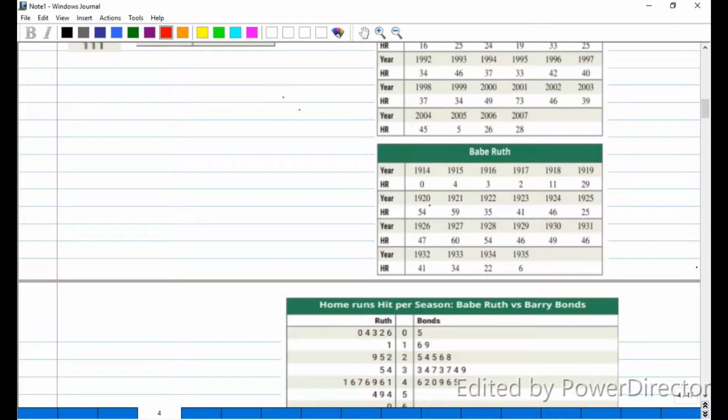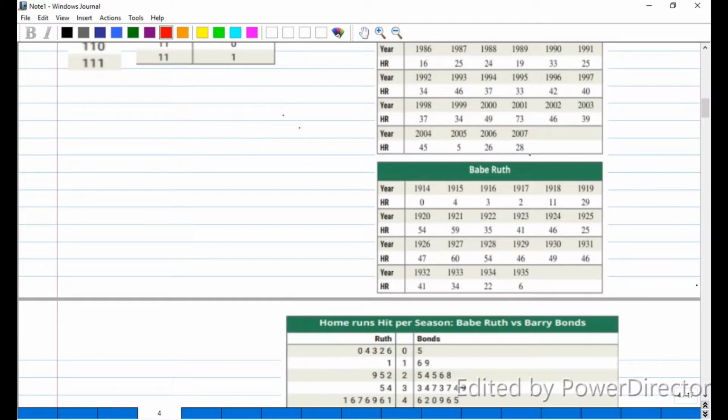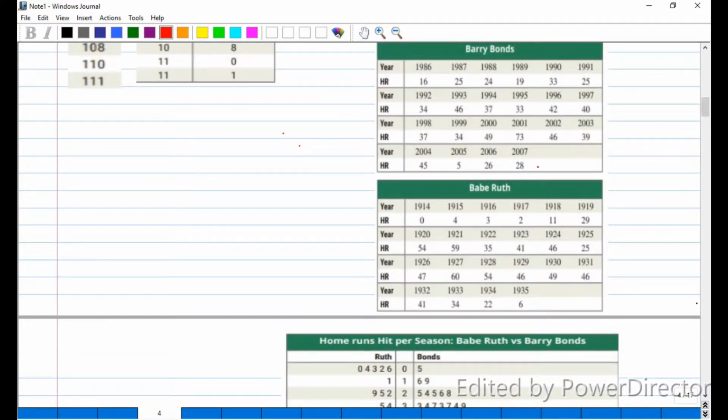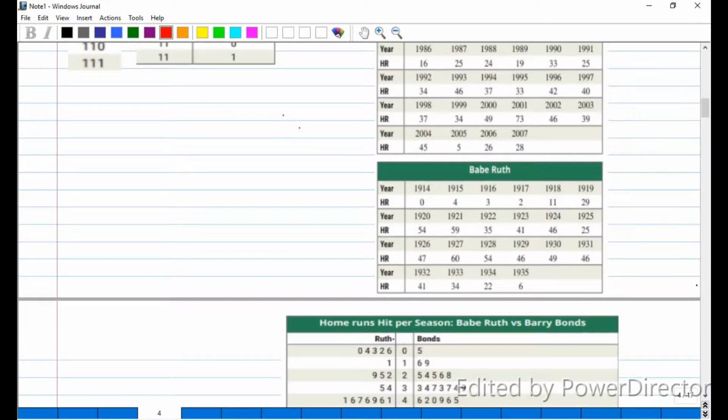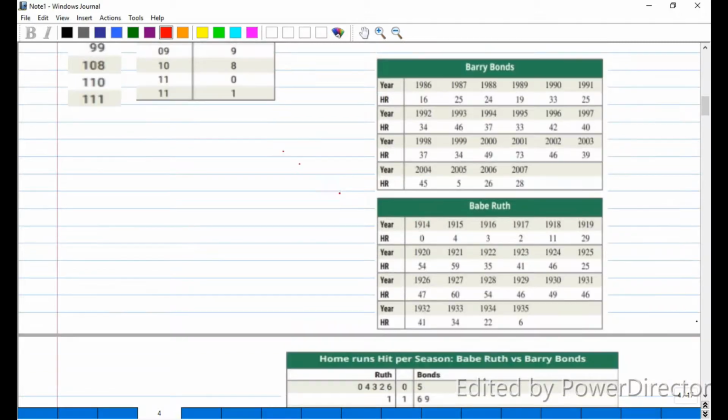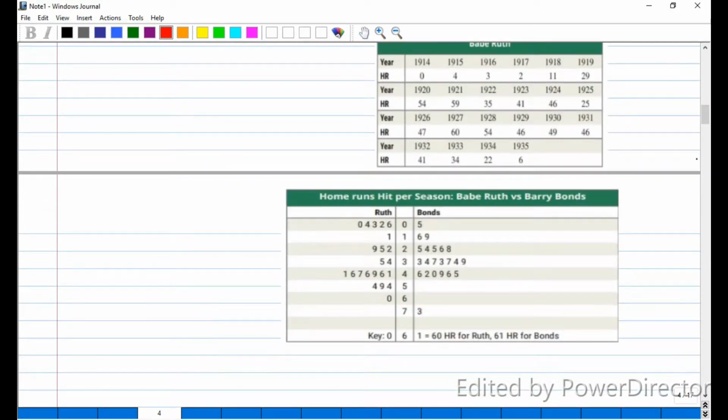So that you have a first number and a last number. That's what I'm guessing. There's Barry Bonds. There's Ruth. I'm guessing that this is the stem for both of those, and then this is the leaf. I'm trying to see how it's organized. It says key 6, 0, 1 equals 60 home runs for Ruth, 61 home runs for Bonds.